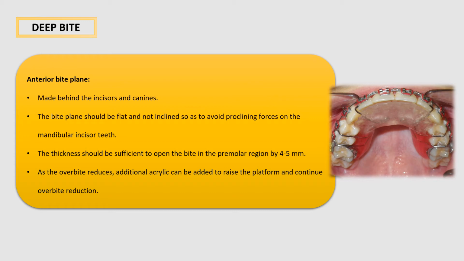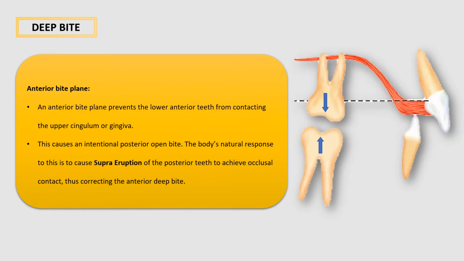As the patient starts wearing this appliance and as you see the overbite being reduced, you can add additional acrylic to raise the platform, and you can continue opening the bite and thereby reducing the overbite for this particular patient. Anterior bite plane also will prevent the lower anterior teeth from contacting the upper cingulum or gingiva.